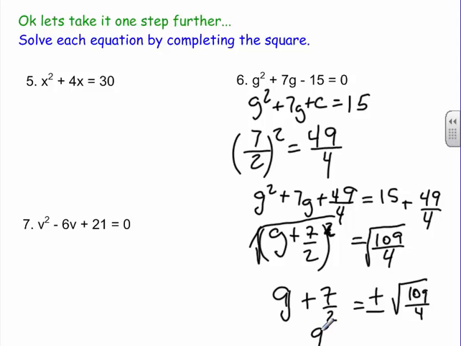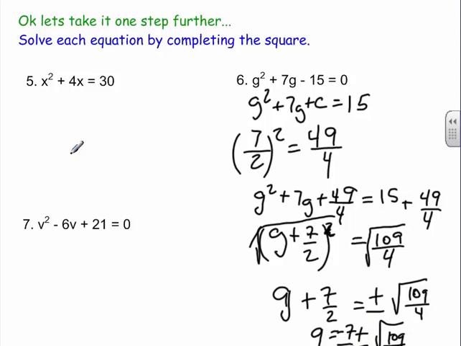And the last step is g equals negative 7 halves, plus or minus the square root of 109 over 4. Remember, we're just moving 7 halves to the other side. If I move it to the other side, you have to subtract it off of both sides. That's how I get negative 7 halves, plus or minus the square root of 109 over 4.